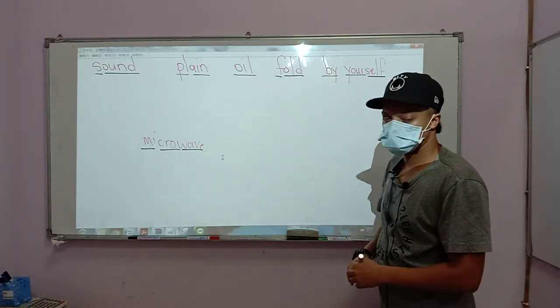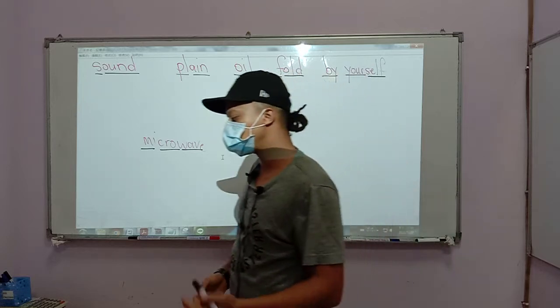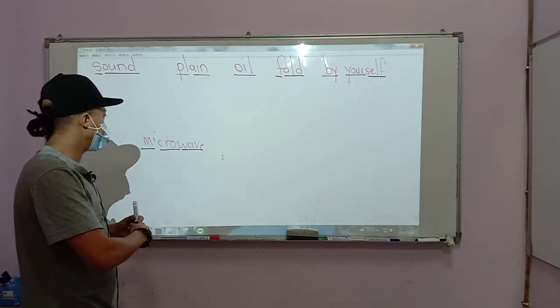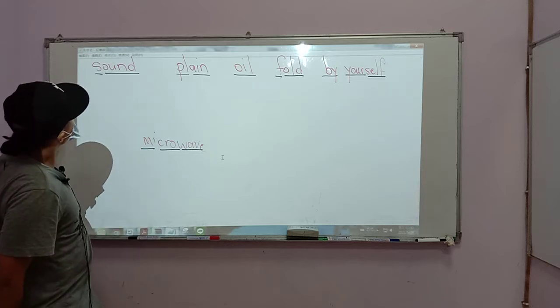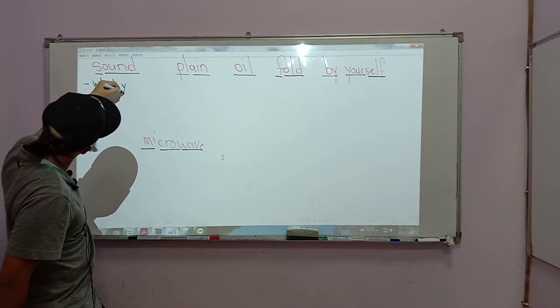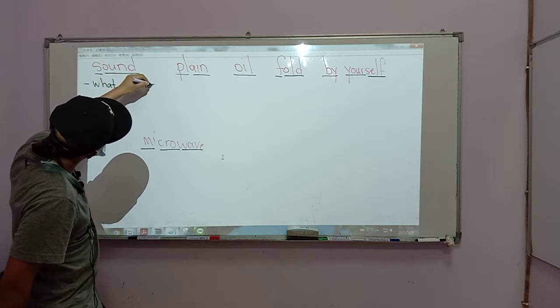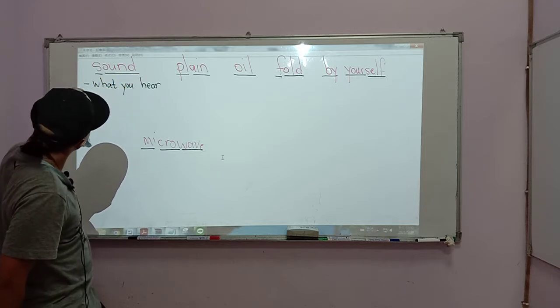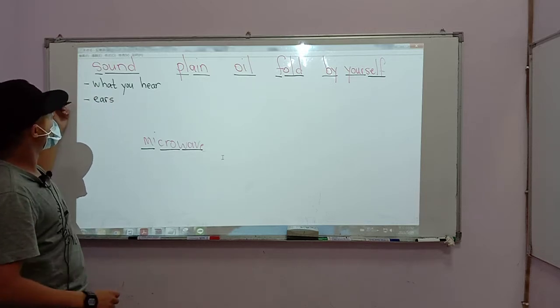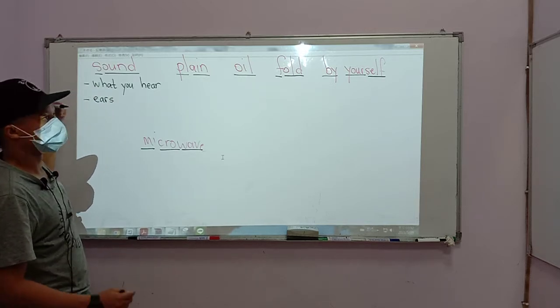Alright, now we're going to look at what these words mean. Okay, what do they mean? So, sound. This is what you hear, of course. So you need your ears to hear the sound, okay?